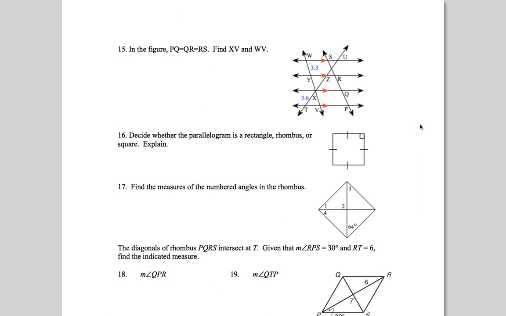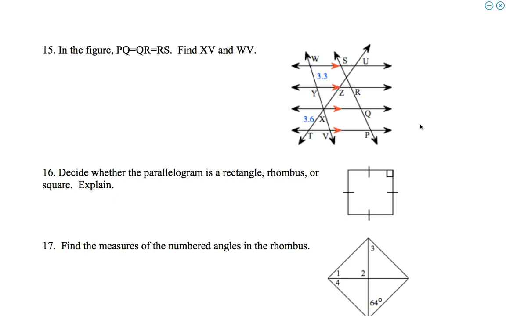All right, number 15. So PQ, QR, and RS. It's saying that those three segments are congruent. And since we have parallel lines, that means this transversal is also creating congruent segments.